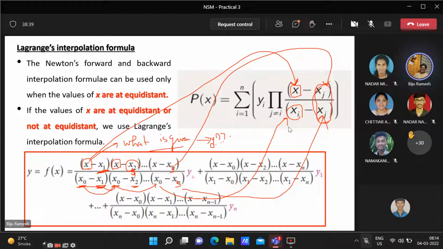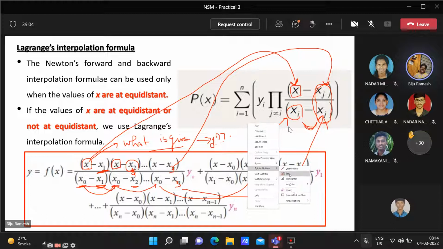If it is the same, then you will get a 0 in the denominator, which is not allowed. Divide by 0 is not allowed in programming. Divide by 0 will raise an error, it will not allow you to proceed further, and the program will stop abruptly there. It will give you a divide by 0 error and stop. That is not there in our formula, so that is also being taken care of.